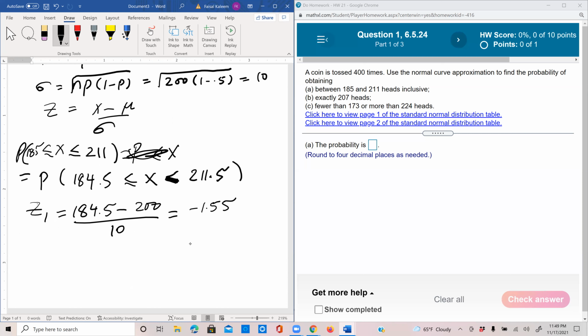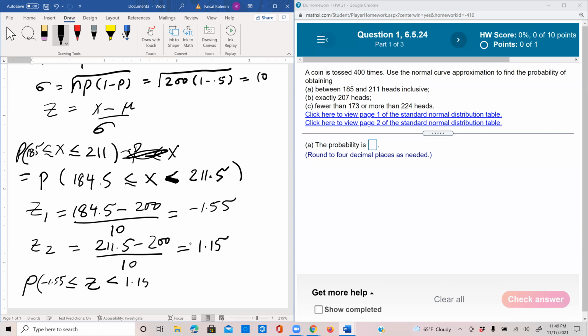And then z2 would be 211.5 minus the mean, which is 200, over the standard deviation, so 1.15. And we basically need the probability that Z is between negative 1.55 and 1.15.